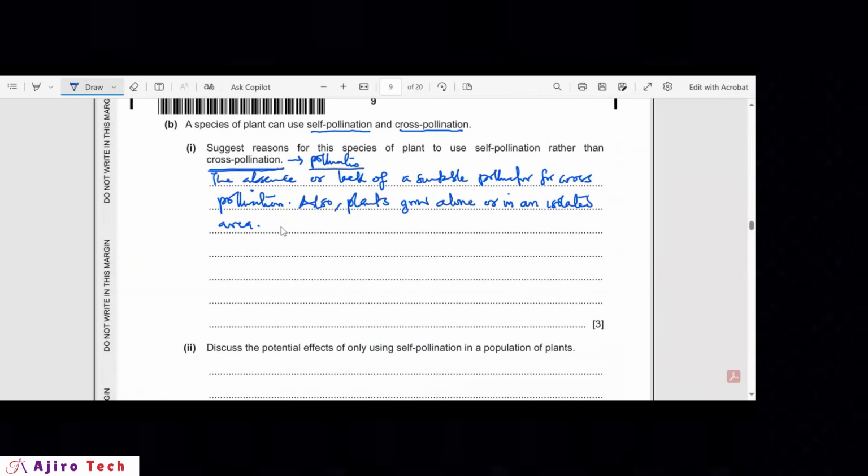Okay. Also, if we say self-pollination increases the chance of fertilization and reproduction.